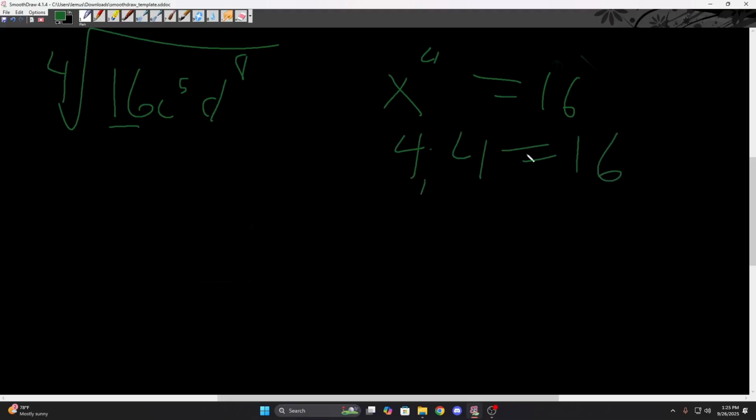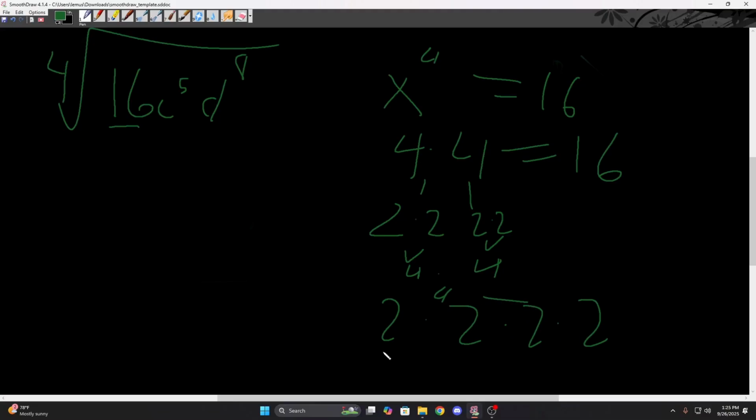Well, if you try doing that 4 times, obviously it's going to be bigger than 16. But if you break it down, 2 times 2, that's 4. And then 2 times 2, that's also 4. Or you could just do 2 times 2 times 2 times 2. This is 4. And then with these 3, it becomes 8. And then multiply 8 by 2 and you get 16. So that means 2.